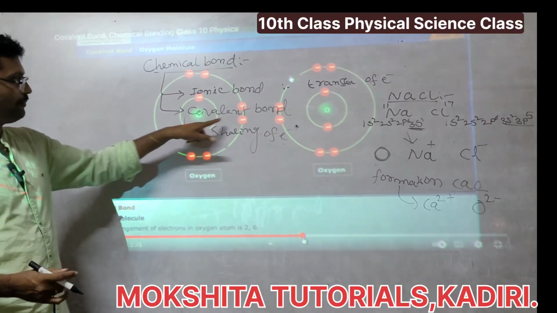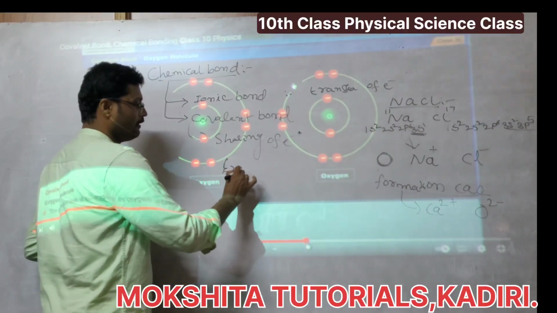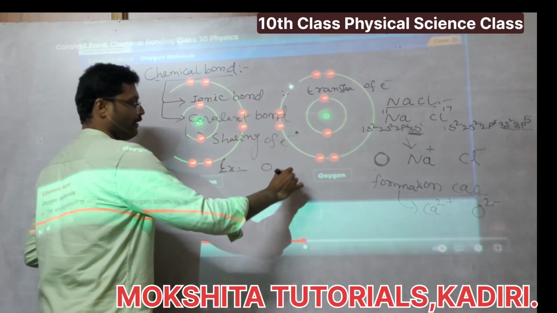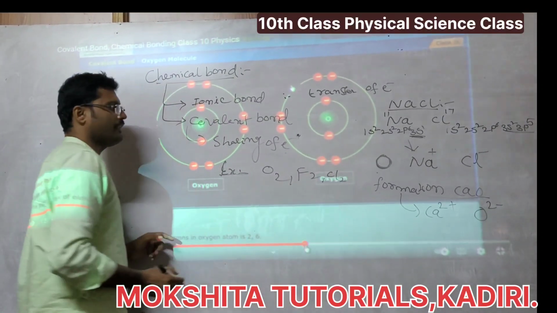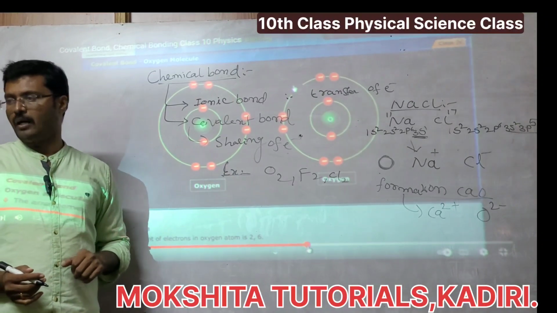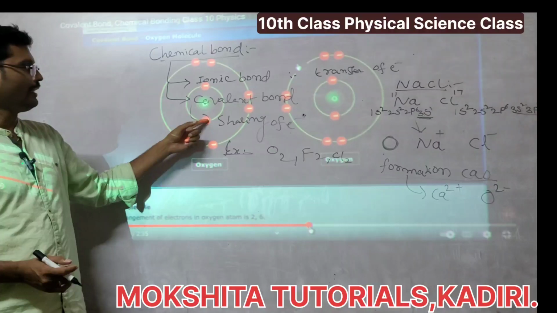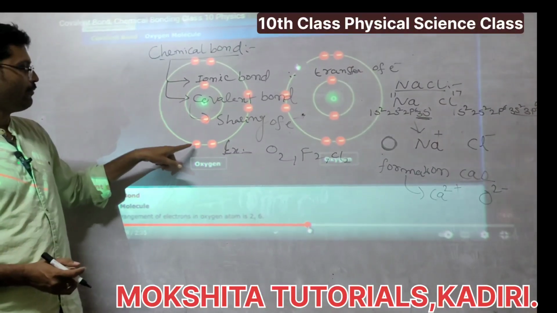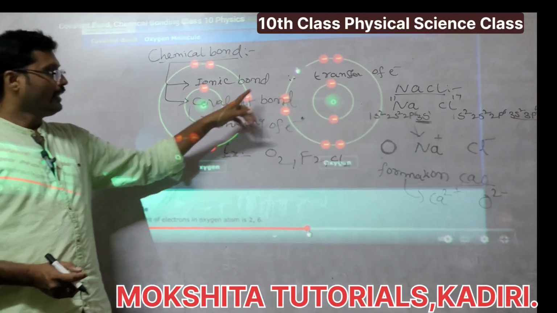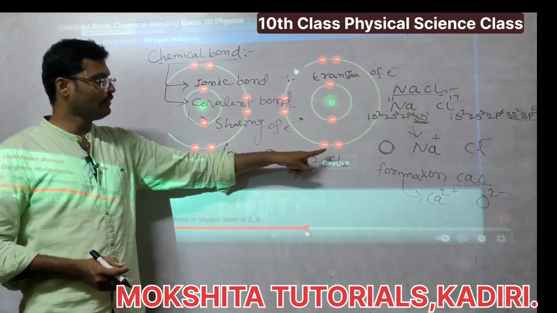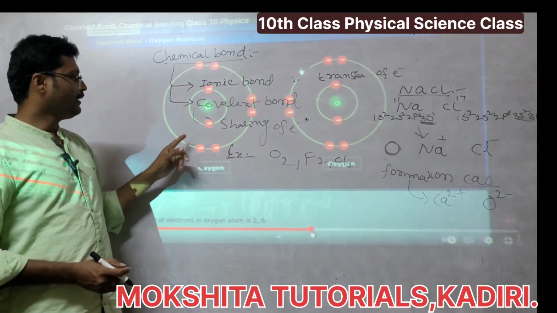Examples are the formation of O2, F2, and Cl2. All these are examples of the covalent bond. In the case of oxygen, this oxygen has 1, 2, 3, 4, 5, 6 electrons in its outermost shell, and the second oxygen also has 6.